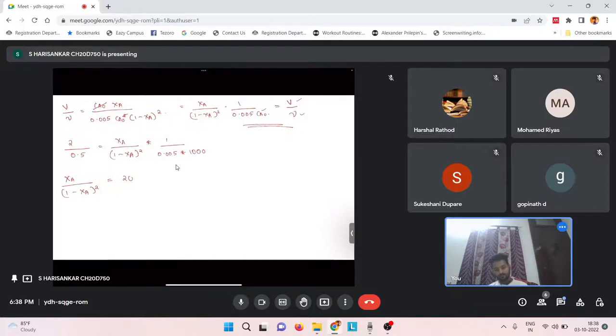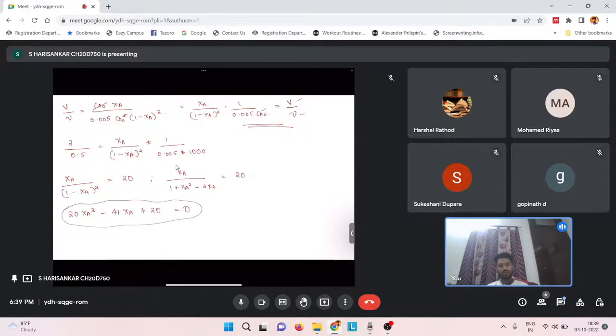Now all we have to do is solve this equation. So this is Xa by 1 plus Xa square minus 2Xa is equal to 20, and if we rearrange this, we get 20Xa square minus 41Xa plus 20 is equal to 0.